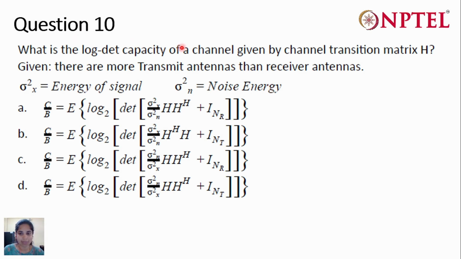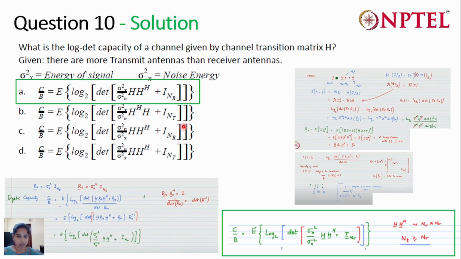So we are supposed to find the log det capacity, given that the number of transmit antennas is greater than the number of receiving antennas. Okay, so let's see how to get a solution. Answer is option A.